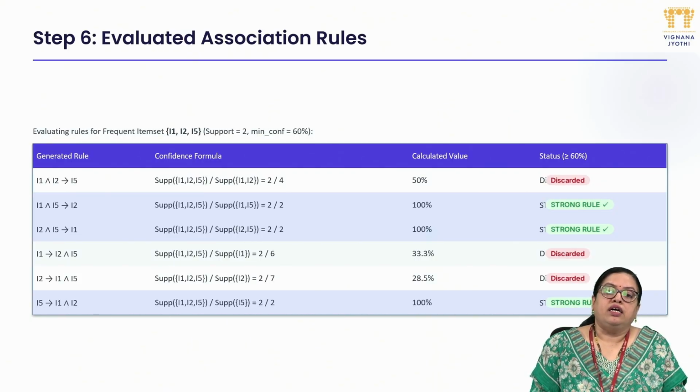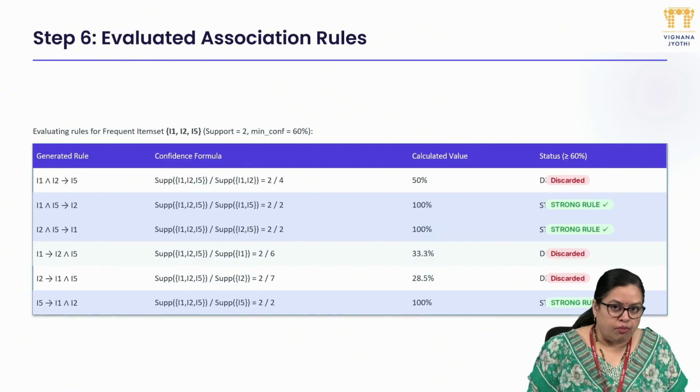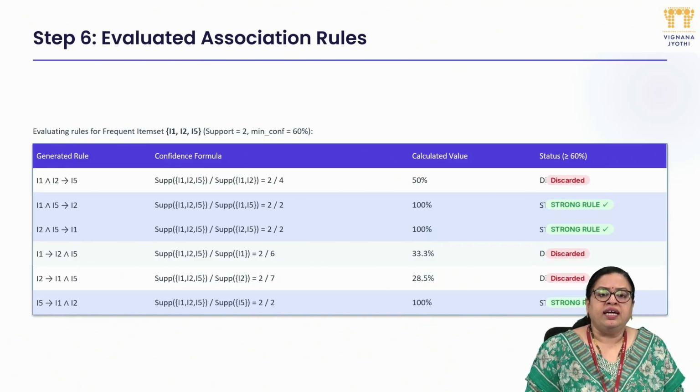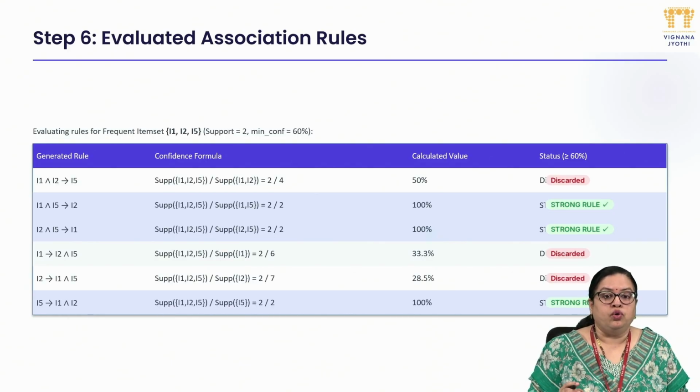Here I am taking the combination of I1, I5 as A. If it is A tends to B, then we divide by the support of A. So here A is taken as I1 and I5, and the base value is 1, 5.